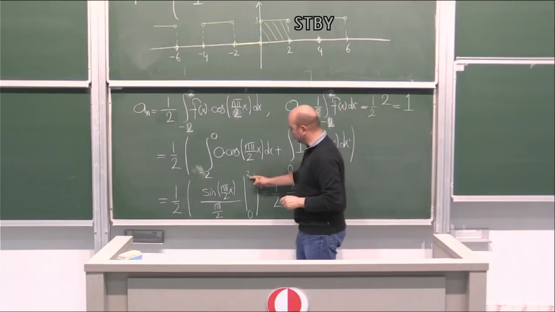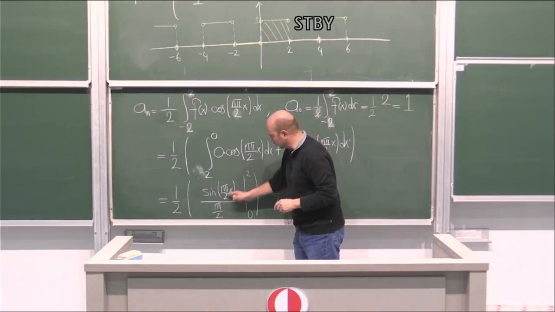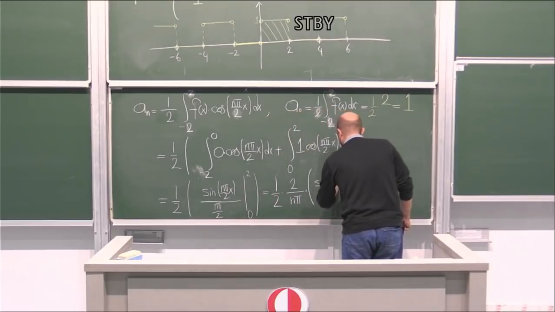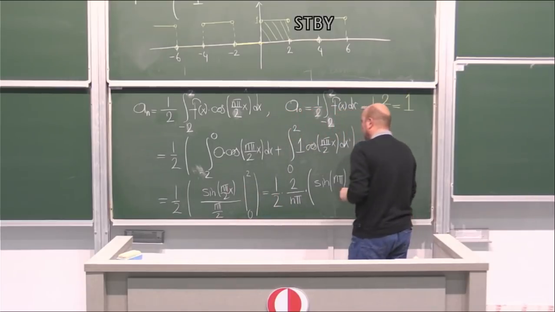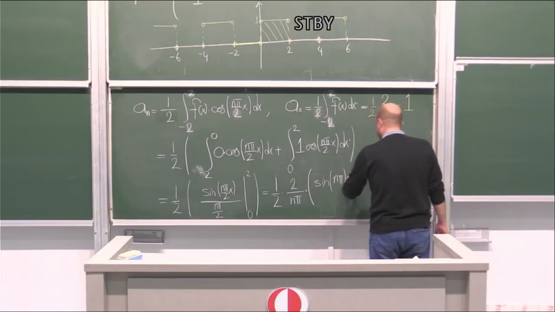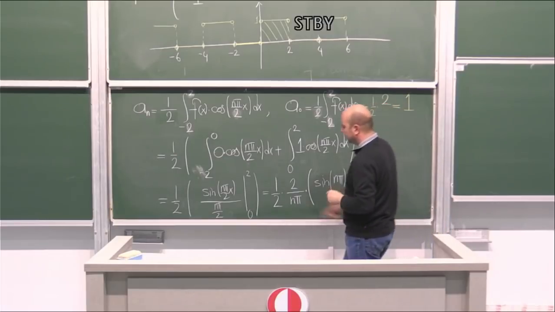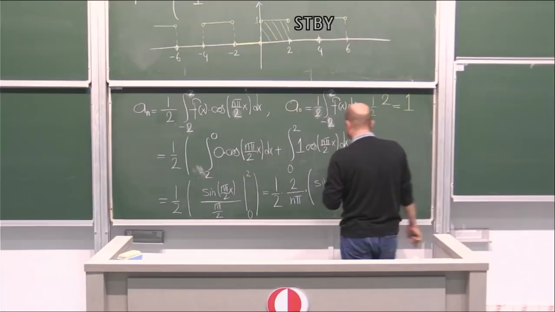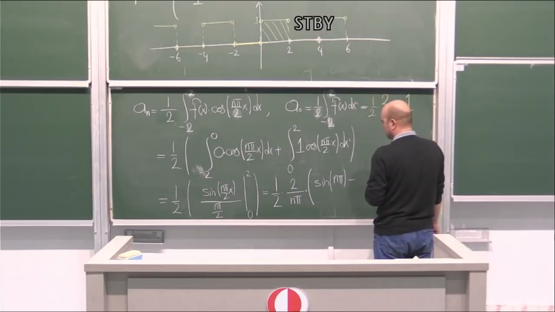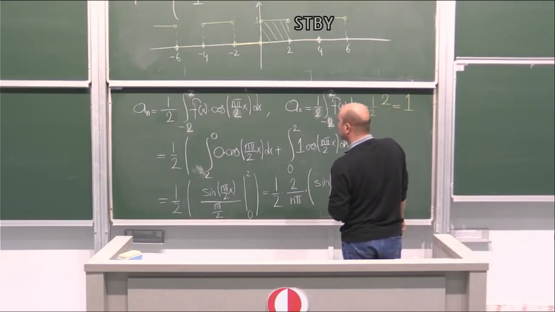If you plug in 2 here, the 2s cancel, sine n pi, minus, if you plug in 0, sine 0. Wait a minute, did I make a mistake somewhere?